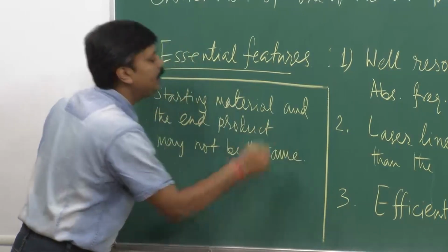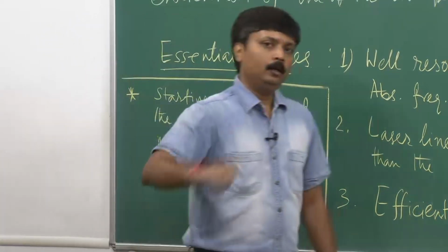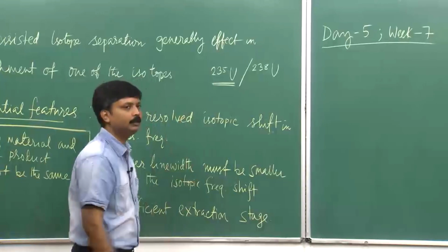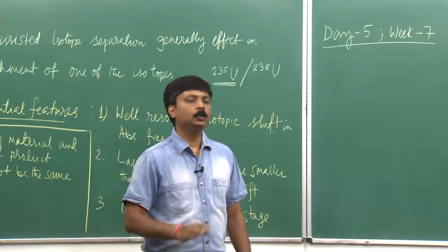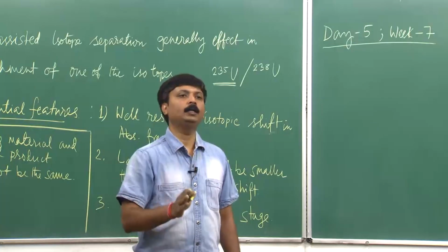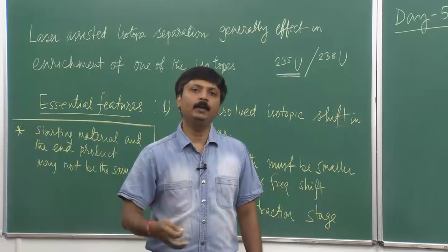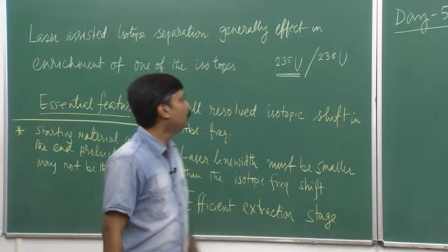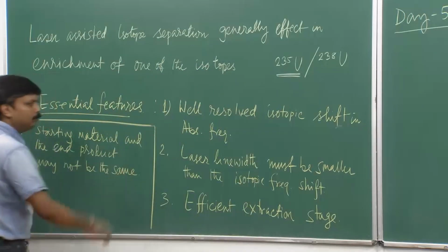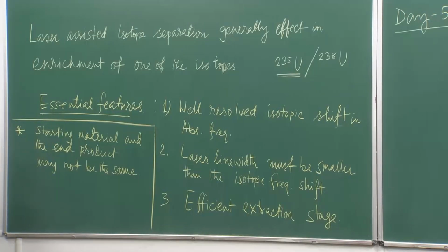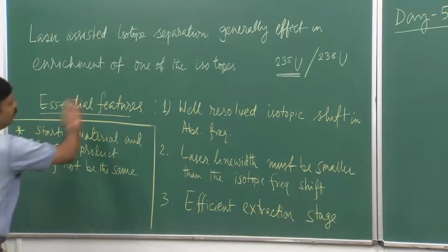But that is not a big deal, because suppose I am looking at radioactive isotopes. Okay. So, they may be in an atom or they may be in a molecule, they will remain as it is, correct. So, I do not care much about that one. So, I can always get my desired isotope separated.